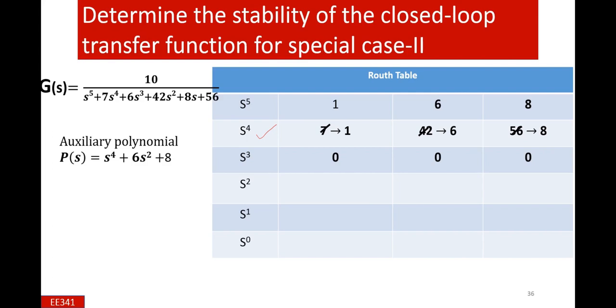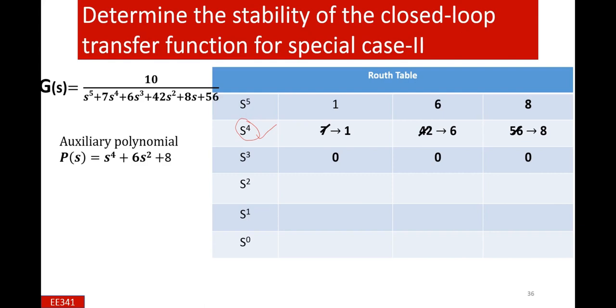In our case it is 1 as the coefficient of the variable s to the power 4, and similarly the next one will be 6 of s to the power 2, and next will be 8. So this is the auxiliary polynomial we consider by using the special criteria to handle these complicated situations.